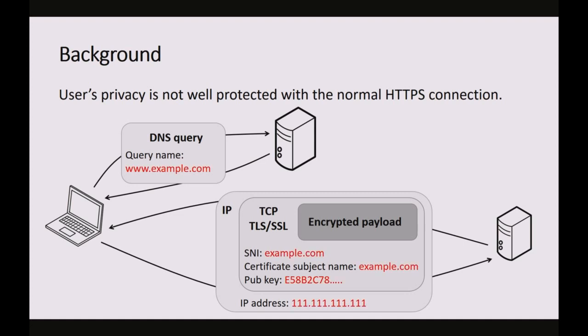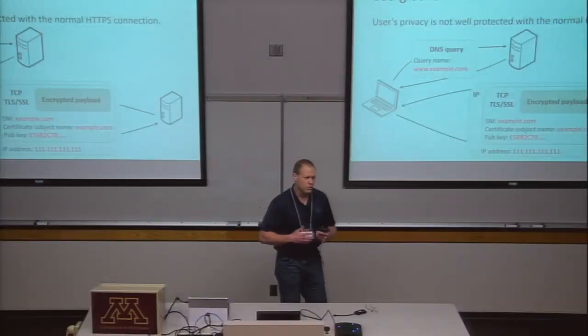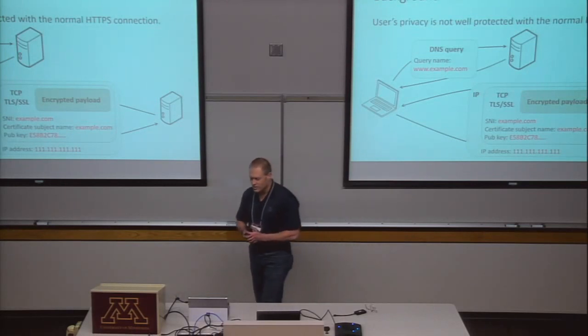For example, in DNS queries, your domain name that you're querying gets exposed. When you set up the TLS session, there's an SNI field that exposes the domain name. The certificate subject name has a domain name. There is a public key that can stand as a long-term identifier for the server as well. Then, of course, there's the IP address that gets disclosed too. So really, the server you're contacting is pretty much out there, okay, even though you're using TLS.